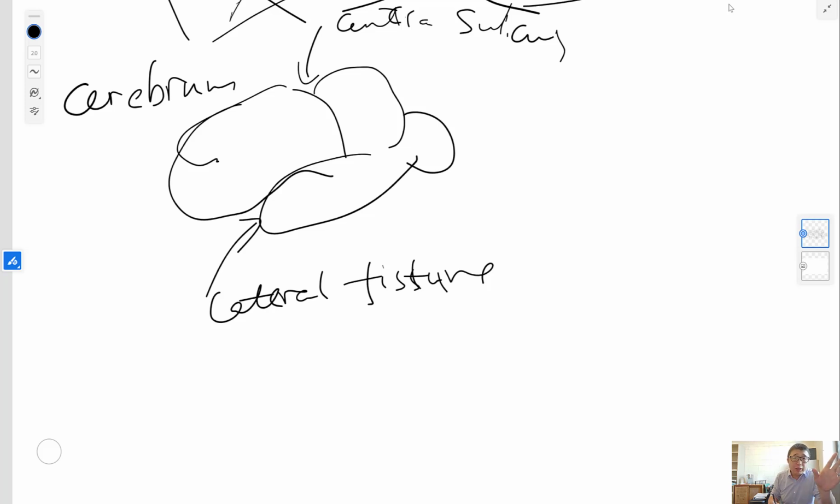So you have the left hemisphere and the right hemisphere, and they are largely the same, and probably can replace each other. Probably, I don't know. But in each hemisphere, because of the big sulcus or fissure, they are divided into four major lobes.